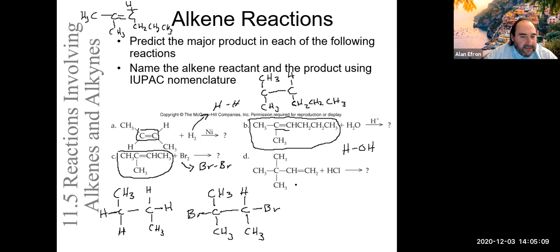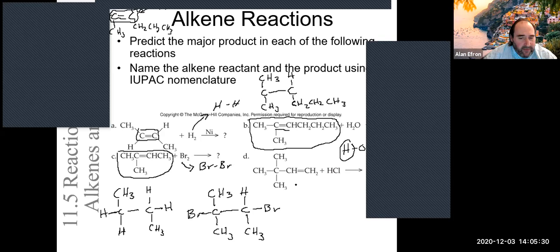Originally, in this double bond, the carbon on the left-hand side has no hydrogens. The carbon on the right-hand side has 1 hydrogen attached. So if you remember, Markovnikov's rule is the hydrogen that I'm going to add should go to the carbon that had the most hydrogens to begin with, and that's going to be this guy right here, while the OH would go to our other guy, which would be this guy right here.